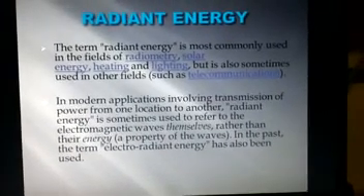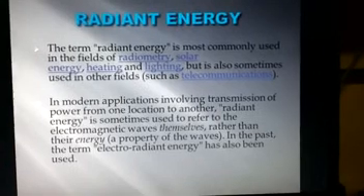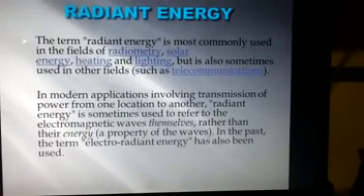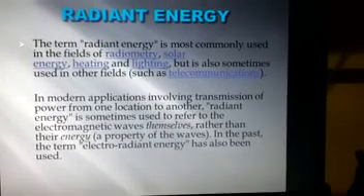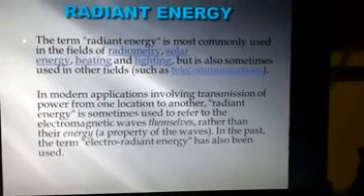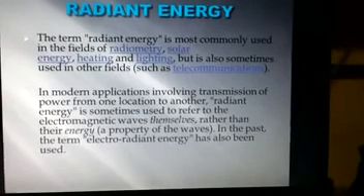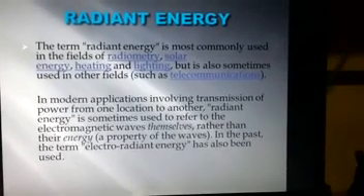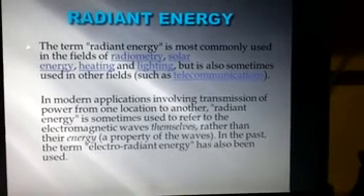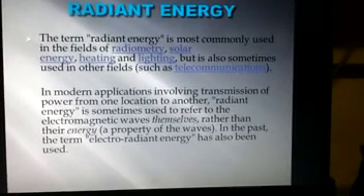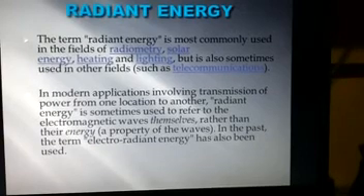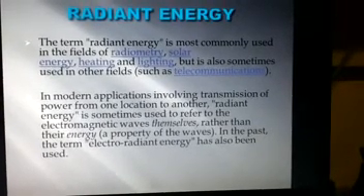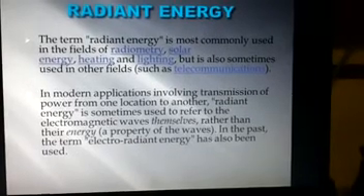Also, the term radiant energy is most commonly used in the fields of radiometry, solar energy, heating, and lighting, but is also sometimes used in other fields, such as telecommunications. In modern applications involving transmission of power from one location to another, radiant energy is sometimes used to refer to the electromagnetic waves themselves, rather than their energy.